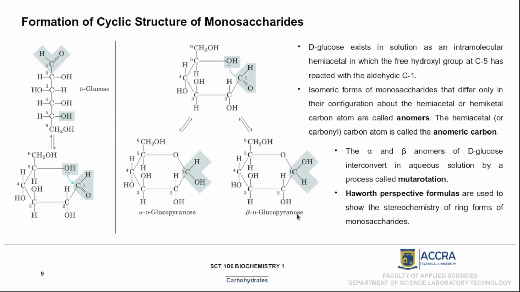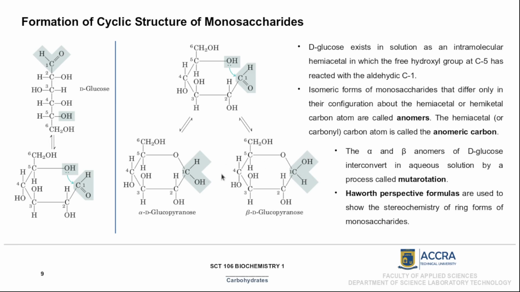Now you can also see that these two molecules are stereoisomers of each other, where you have the alpha glucopyranose and the beta glucopyranose. If you take a close look, you see the hydroxyl group is pointing downwards in the alpha glucopyranose, while the hydroxyl group is pointing upwards in the beta glucopyranose.